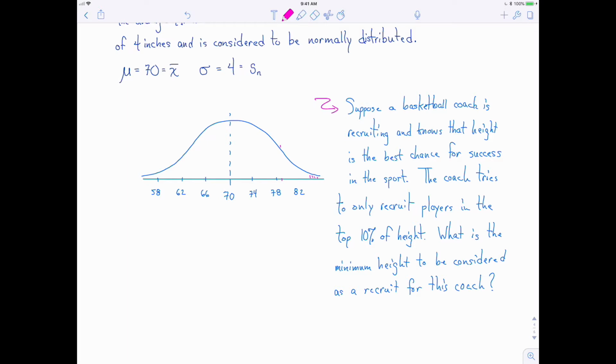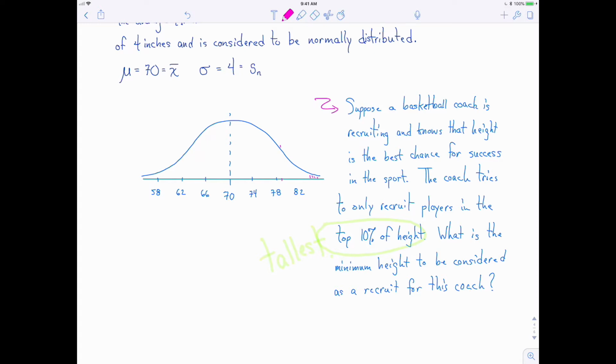We're going to start with this. The key to this problem is right here: the top 10%. Those are the tallest people. We want the tallest people to be recruited for our basketball team.